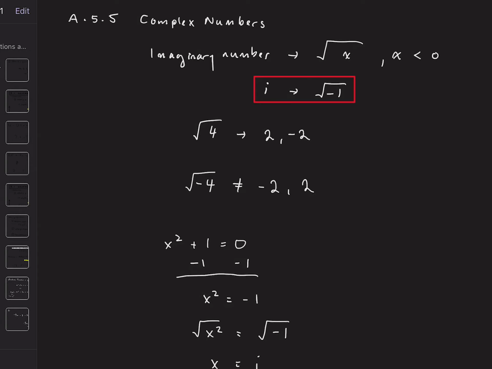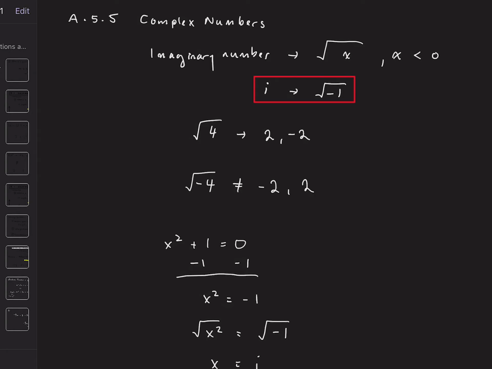So for example, the square root of 4 has two answers, 2 and -2. But no matter what, when you square either 2 or -2, you're going to get a positive 4. As in the case of the square root of -4, neither -2 nor 2, when squared, can make a -4.